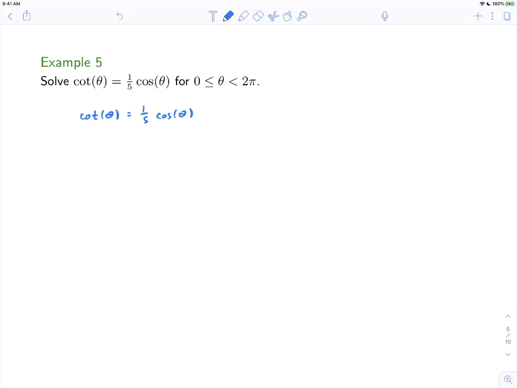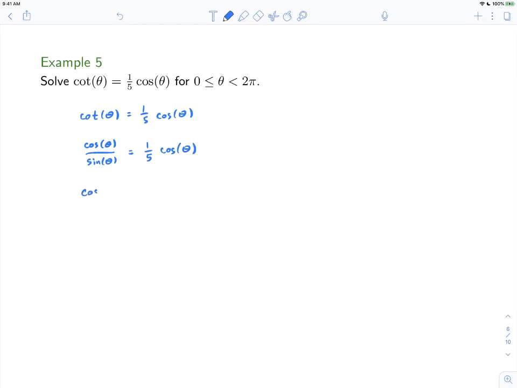Now, in order to solve this, what we're going to do first is write cotangent in terms of sine and cosine. So cotangent is cosine of theta divided by sine of theta, and this is equal to 1/5 times cosine of theta. What you don't want to do is divide everything by cosine theta, because cosine of theta could be 0. So instead we're going to subtract 1/5 cosine theta to the other side.